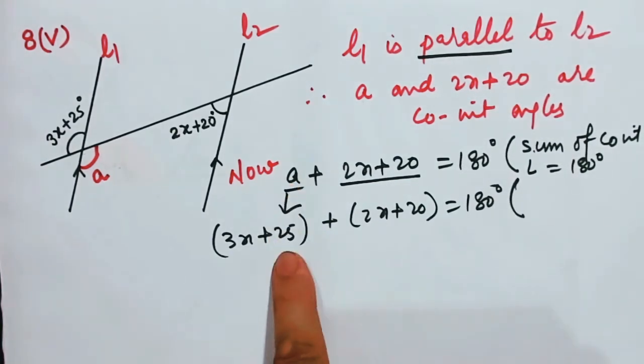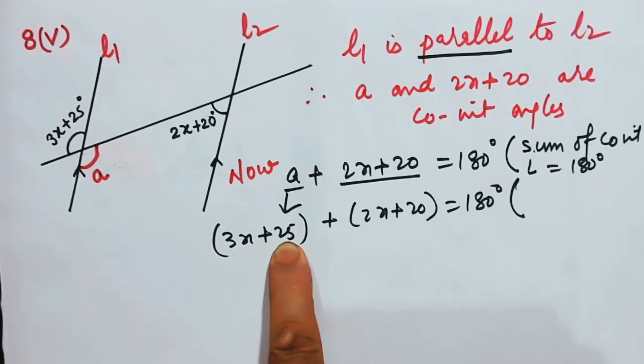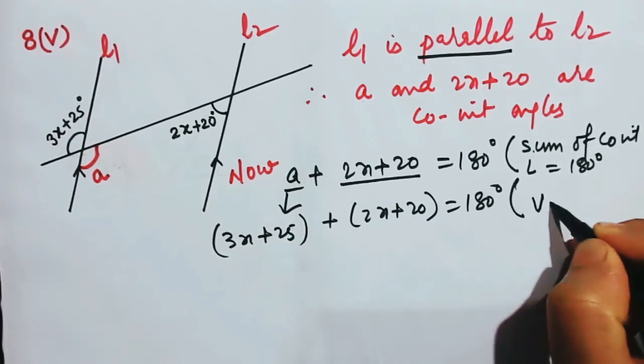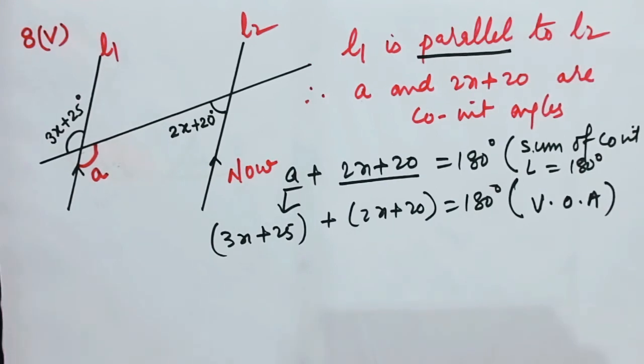For everything you write, you need to write a reason. So A is equal to 3x plus 25. Why? Because they are vertically opposite angles. So I have mentioned A is equal to 3x plus 25 because they are vertically opposite angles.